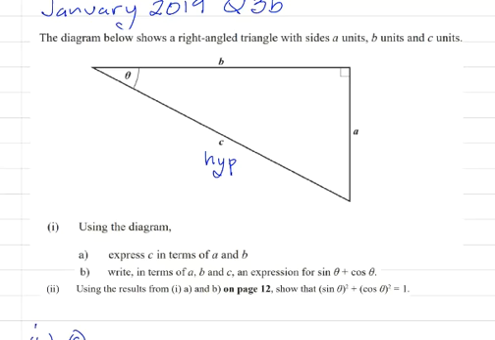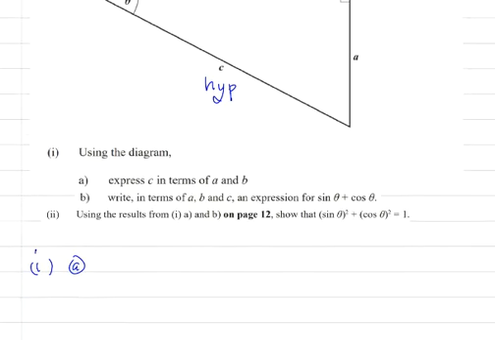Pythagoras theorem says that the square of the hypotenuse is equal to the sum of the squares of the other two sides. So from Pythagoras theorem, I can say that C square is equal to A square plus B square, where C is the hypotenuse and A and B are the other two sides of the triangle.